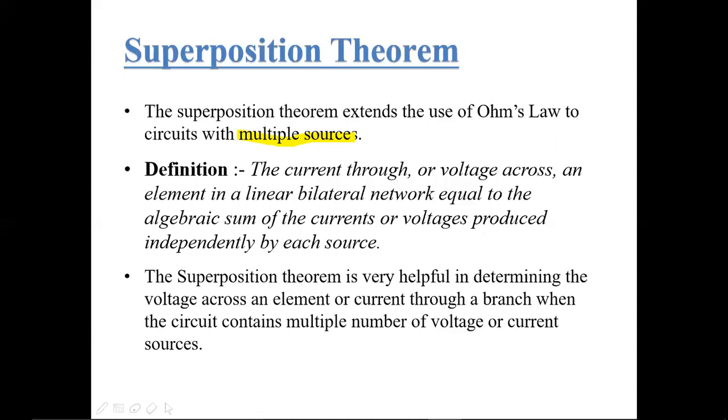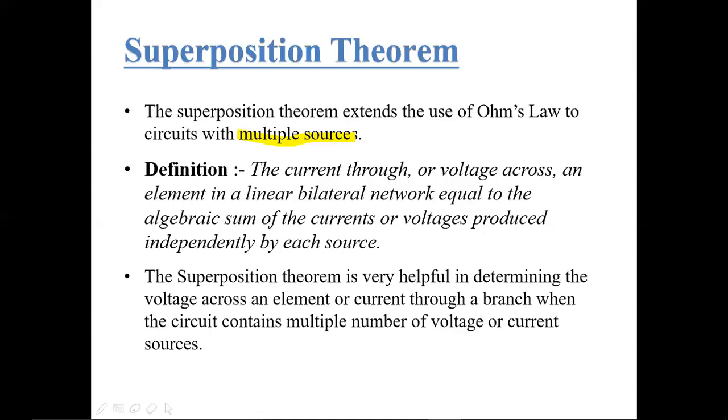And what is the actual definition as per this slide? The current through or voltage across an element in a bilateral network is equal to the algebraic sum of the currents or voltages produced independently by each source.